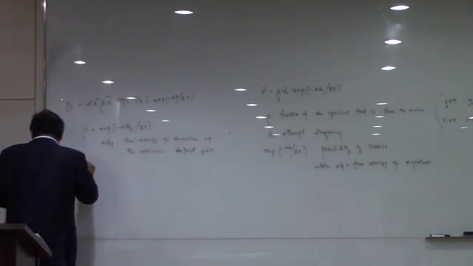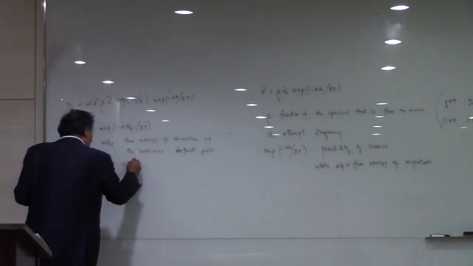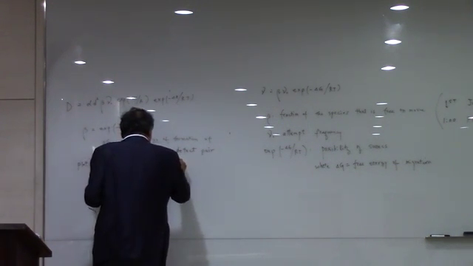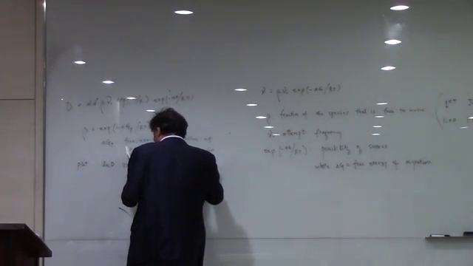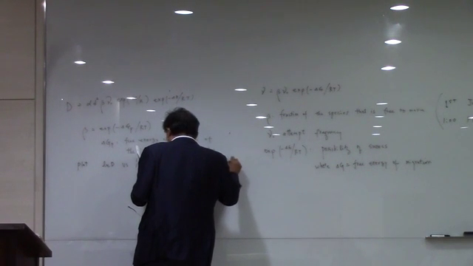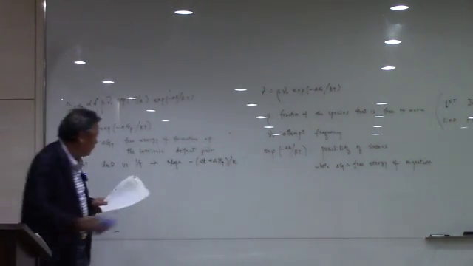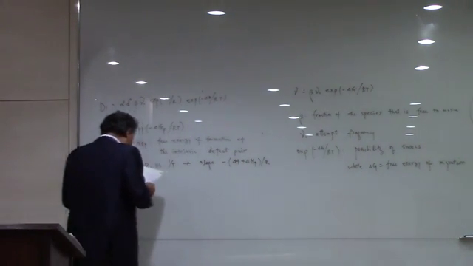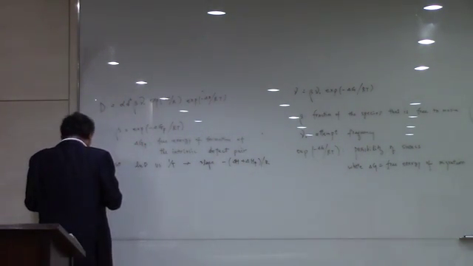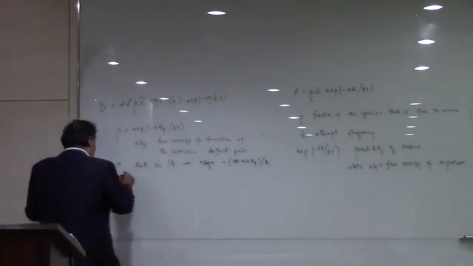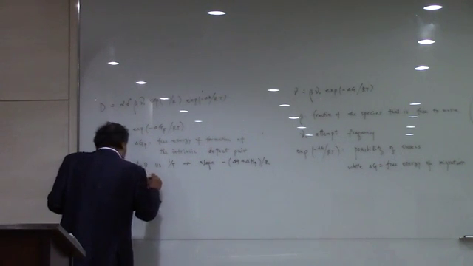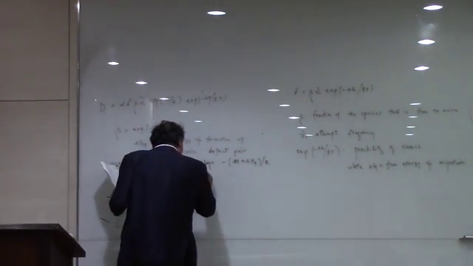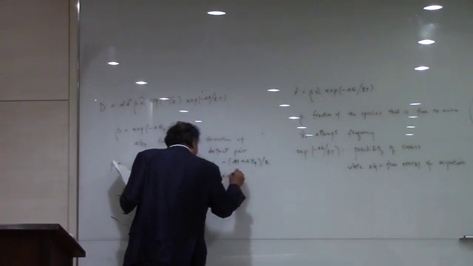So we plot the D versus 1 over T, and the slope is going to be minus delta H plus delta H_F over R. And here delta H_F is the enthalpy of defect pair formation.